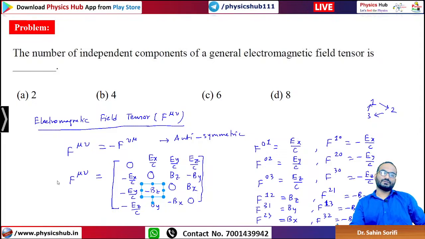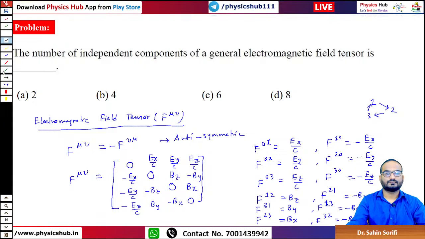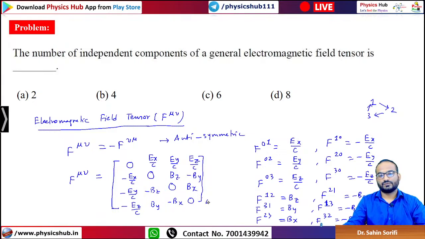I think you can do it in seconds. It is a 4x4 matrix.